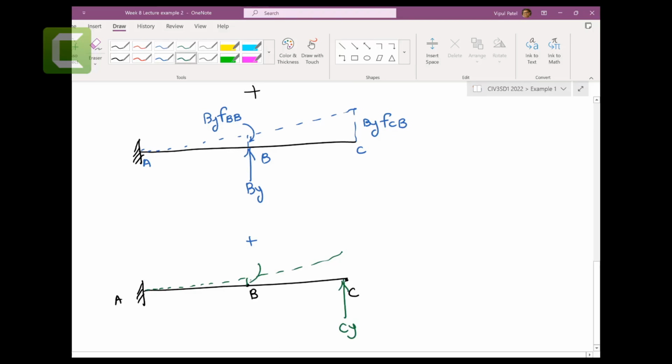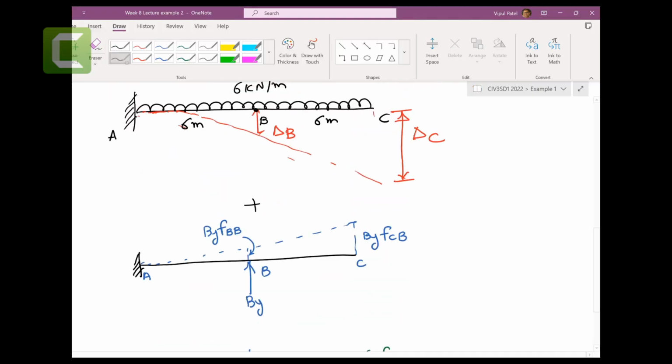For that CY, we have the deflection at B due to the load at C. And here there is the deflection at C due to the load at C. So I hope you understand that.